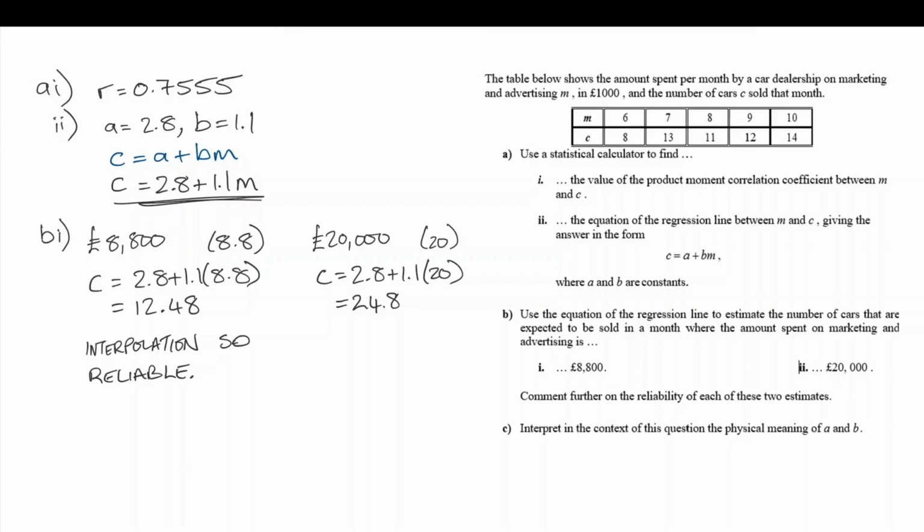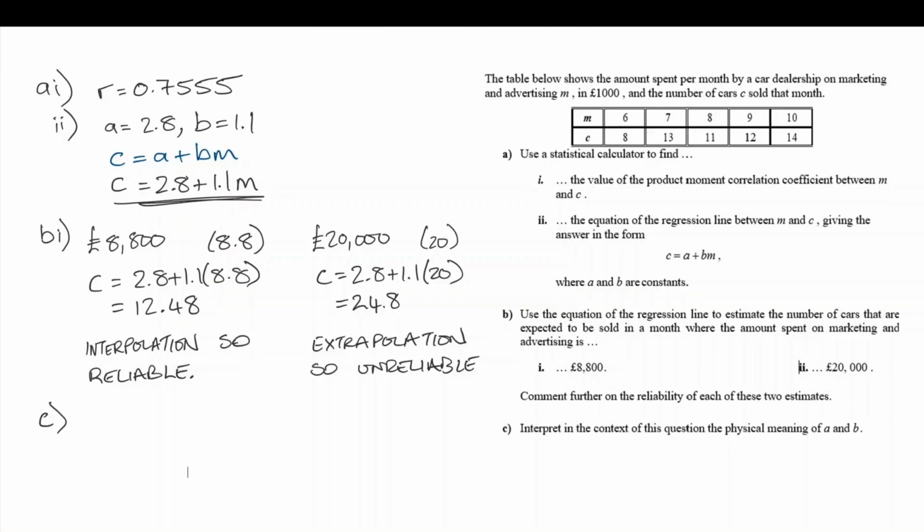Well, this data set never reached up to 20 in the first instance. This is not interpolation, but extrapolation. So we've made a prediction outside of the original range of the data. This is extrapolation, which is risky and unreliable. So there's my two comments on the reliability. Interpolation is reliable, extrapolation is not.